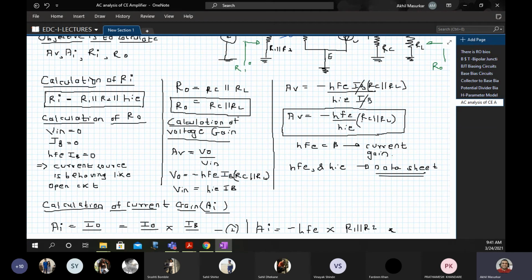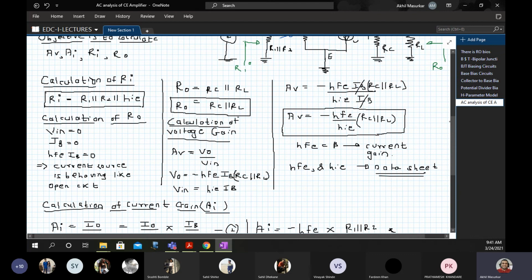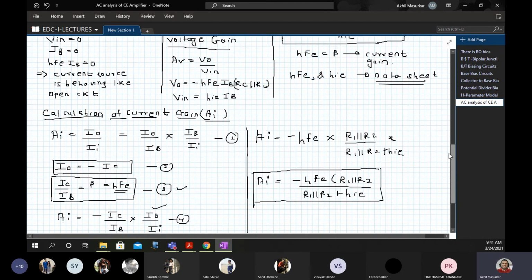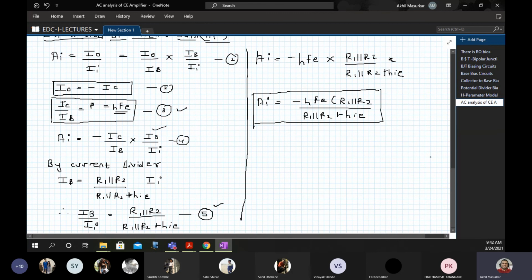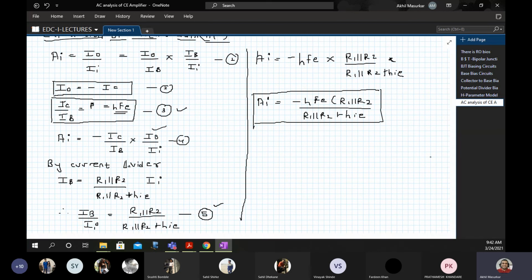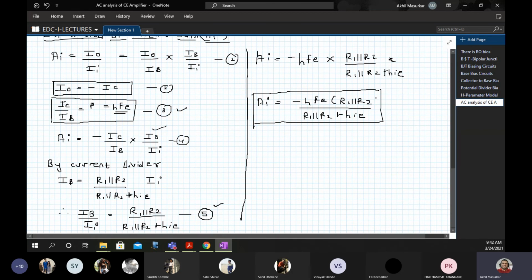But in all practical situations, we will always be connecting this to an output stage, and it will offer some kind of load resistance, and that is the reason why we cannot completely skip this in our calculations. So that RC parallel with RL is very much essential. So please copy this.